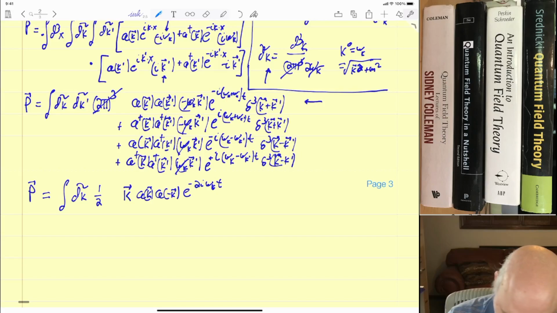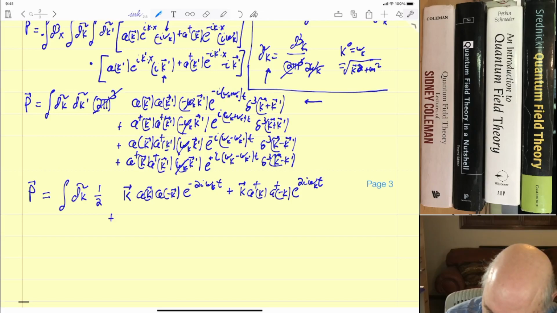And then I have plus k, a dagger k, a dagger minus k, e to the 2i omega k t. And then I'm going to have plus, and now these last two terms are going to be the same. I wrote this wrong. There should be no dagger there.